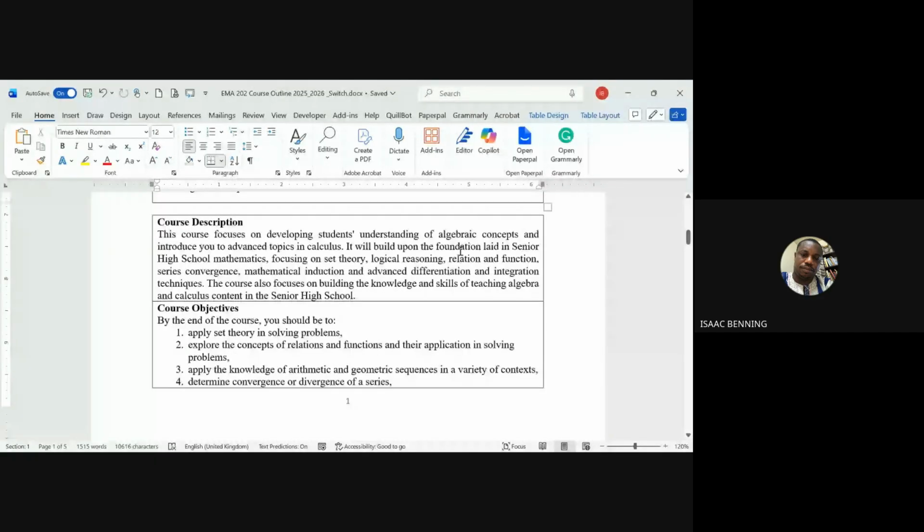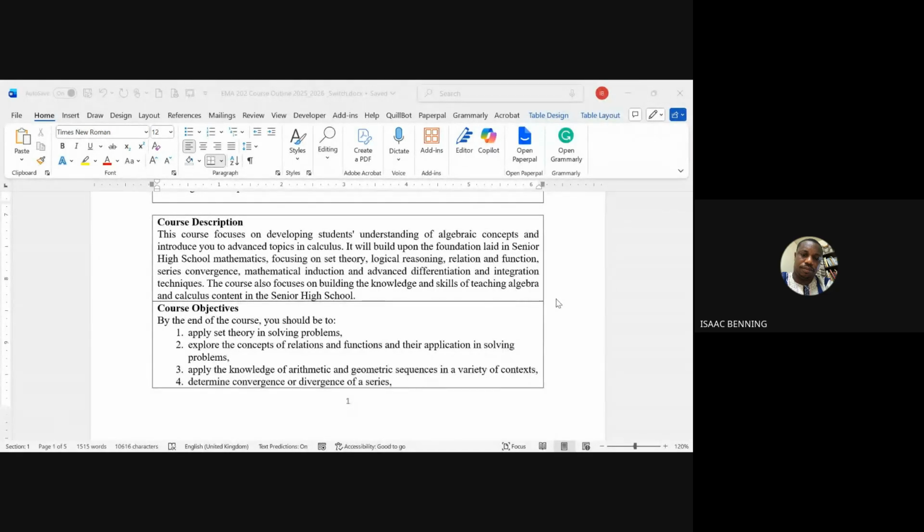Course description. We are preparing you for senior high school mathematics, and therefore it's important you develop conceptual understanding of the algebra component of the SHS math curriculum, as well as the calculus component of the SHS mathematics curriculum.